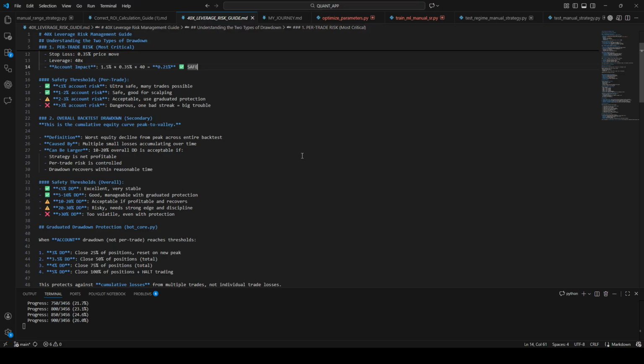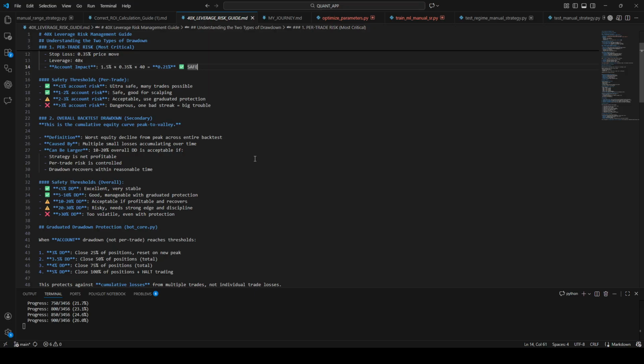So two, overall backtest drawdown. This is secondary. Worst liquidity decline from peak across the entire backtest, from multiple small losses accumulating over time. A 10%, 20% overall drawdown is acceptable if the strategy is net profitable, per trade risk is controlled, and drawdown recovers within a reasonable time.